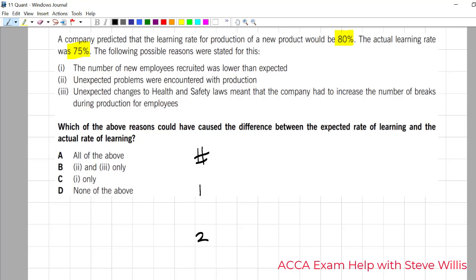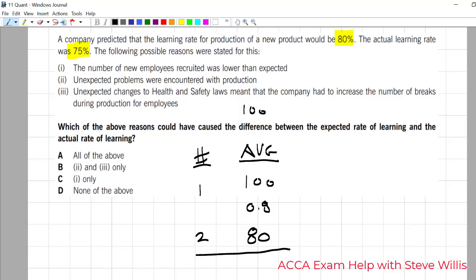Then if we do the cumulative average time, well, when we make 1 unit, let's pretend it's 100 minutes, right? If it's 100 minutes, the time per unit for number 1 is going to be 100. Now, when production doubles, we see the learning rate in play. So that would be 0.8 multiplied by 100, so 80. So the average time per unit would be 80 minutes when we do 2.